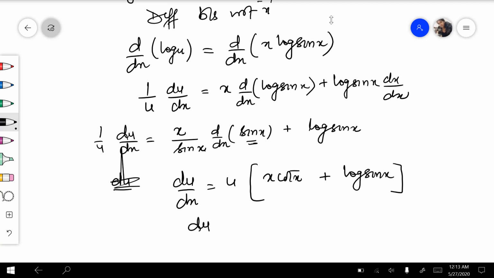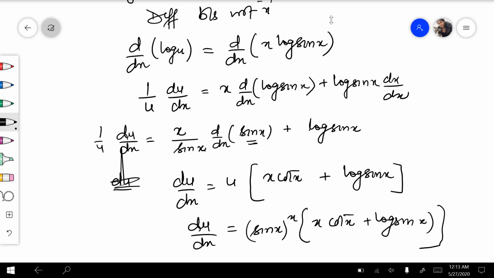That means du upon dx is equal to (sin x) whole power x into x cot x plus log of sin of x. तो एक टर्म मेरे पास आ गया.